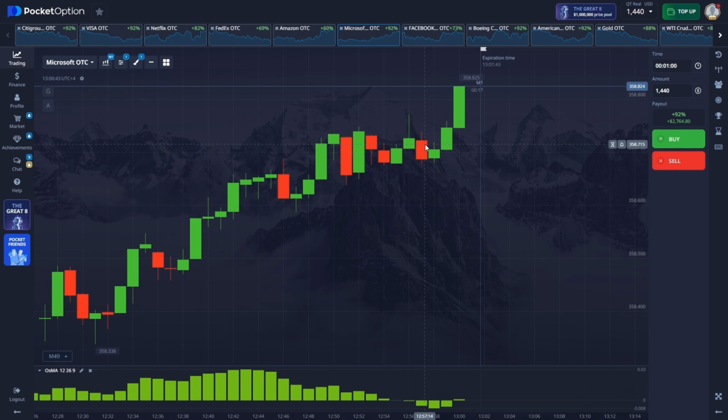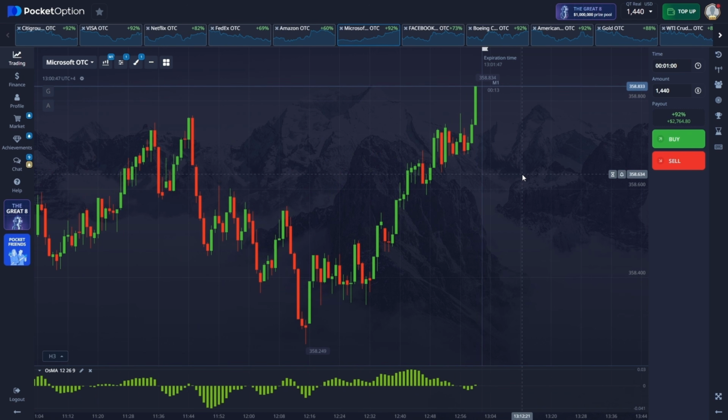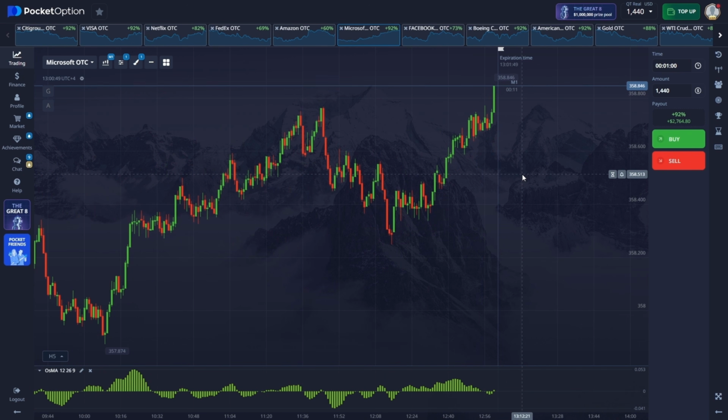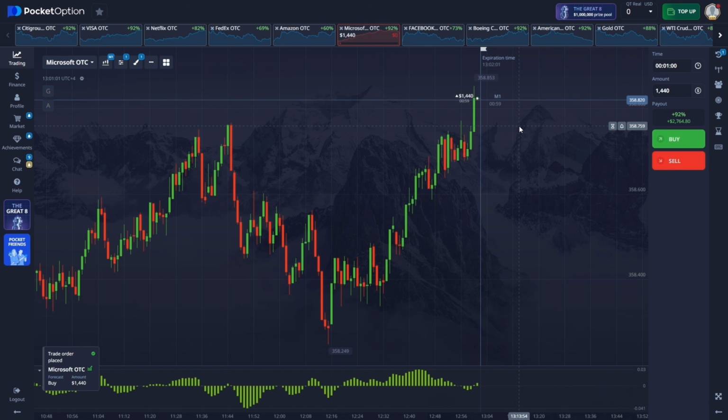On Microsoft OTC, we have a trade for the upside move. So let's wait for the candle to close. Okay, the candle closed as a green candle, so I proceeded for the upside move on Microsoft OTC for $1,440.